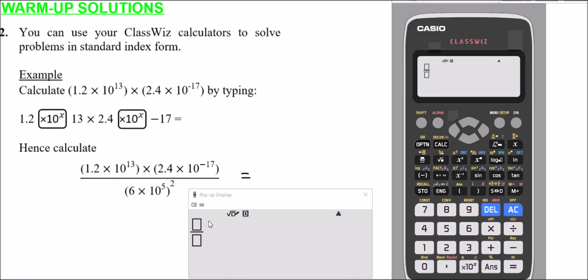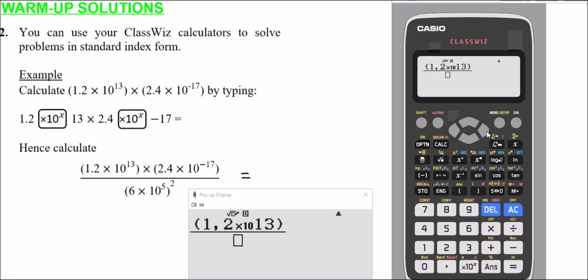It's a fraction, so we can type the fraction button like so. Then we do 1.2. Now instead of typing times 10 to the power, we can press this button here. Then after the times 10, we just type in the power of 10 we want, so we type in 13. Section it off in brackets.